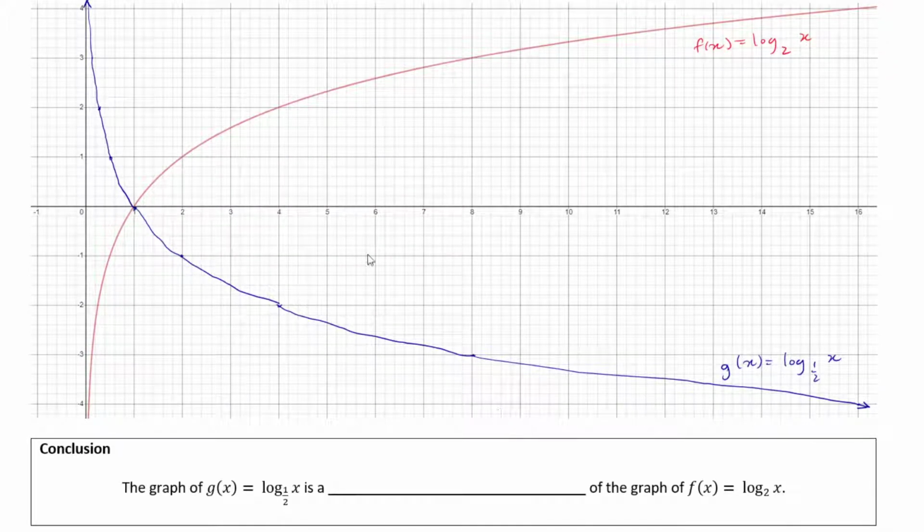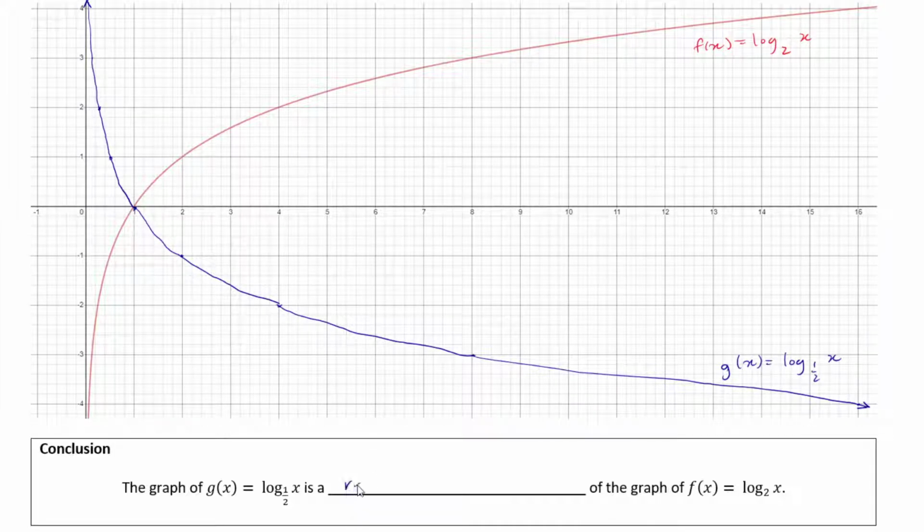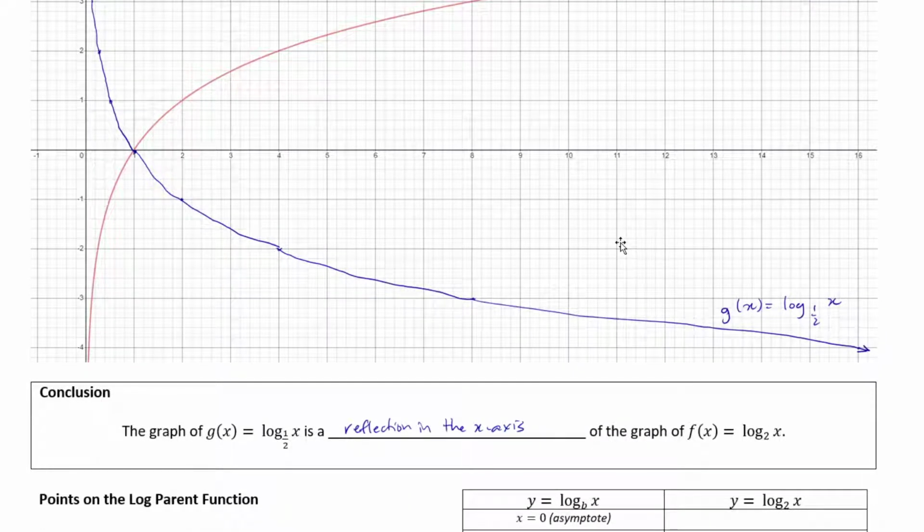So the graph of g of x equal to log x base 1/2 is a reflection in the x-axis of the graph f of x equal to log x base 2.